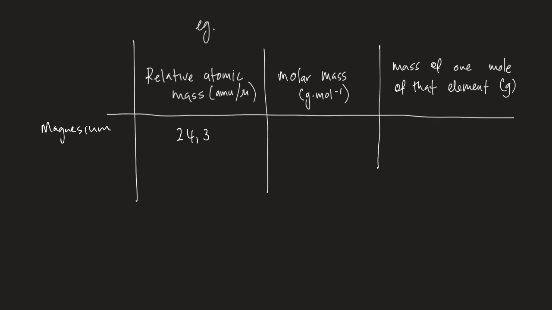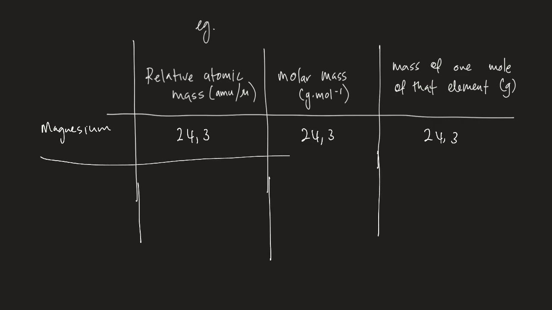That means its molar mass is also 24.3, and the mass of 1 mole of magnesium is also 24.3. It's the same thing. If I look at another example, let's say oxygen, on the periodic table it's going to be 16. Its molar mass will also be 16.